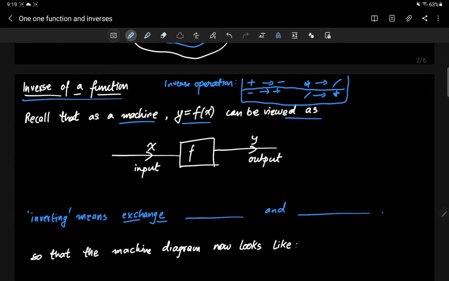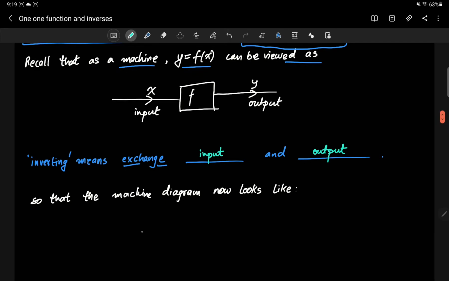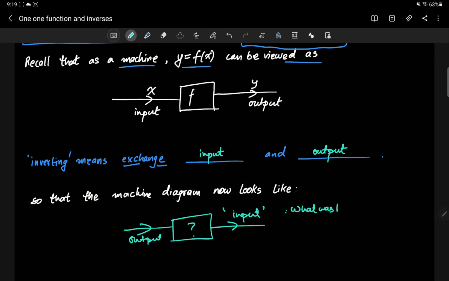So when we think naively about what an inverse would mean, inverting here would mean we exchange the input and the output, which means we are looking for a function into which we feed the output and we ask, can you figure out what was the input that gave the particular output?